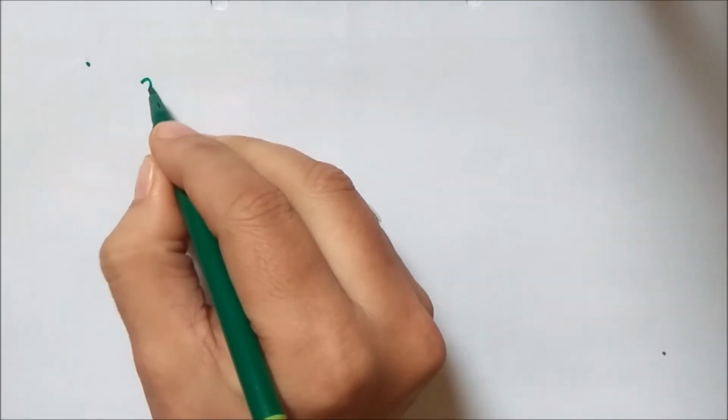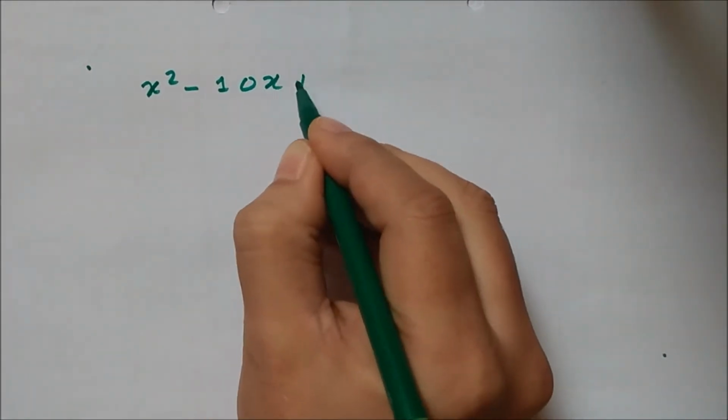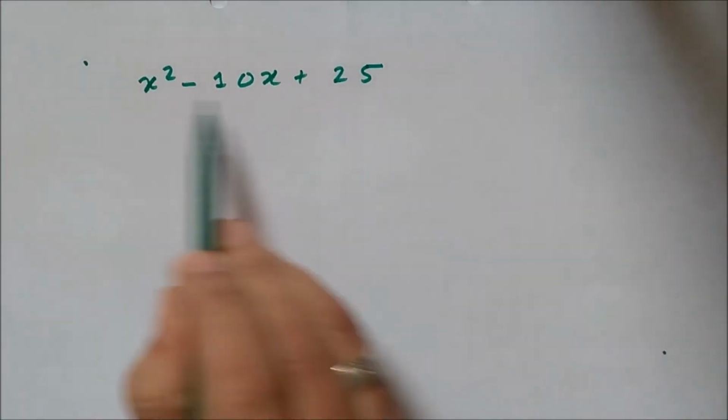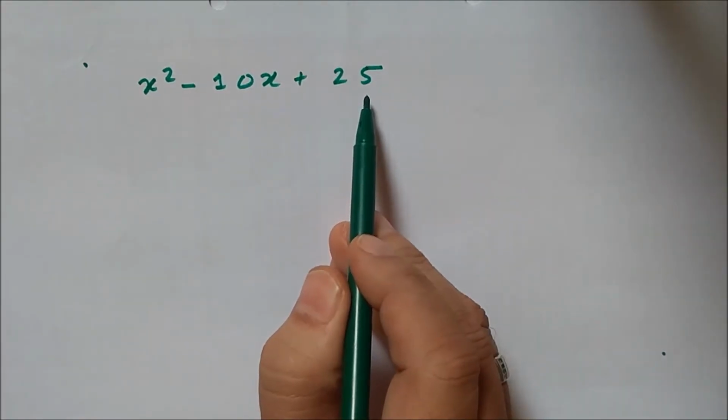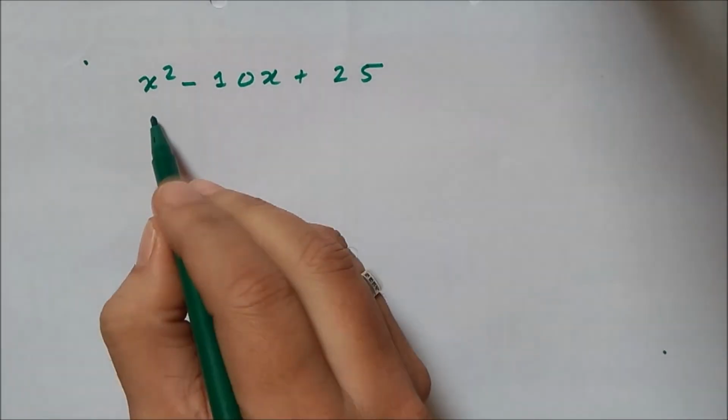Now we take another example. Say this is x square minus 10x plus 25. Here we see there are three terms and two perfect squares. So we can use the identities to factorize it.